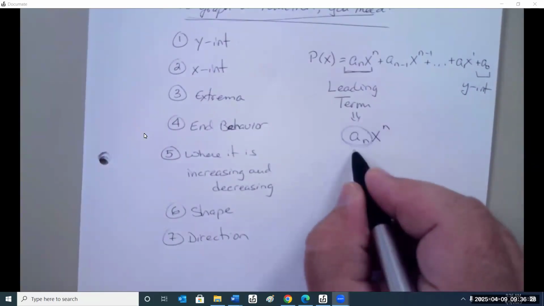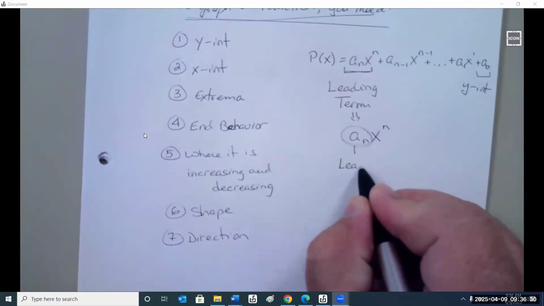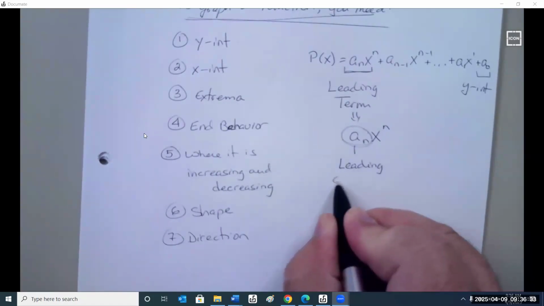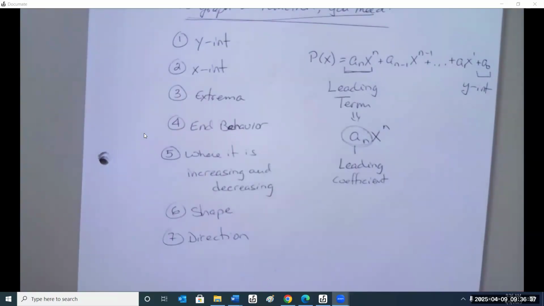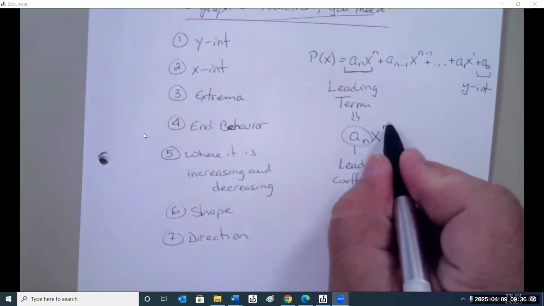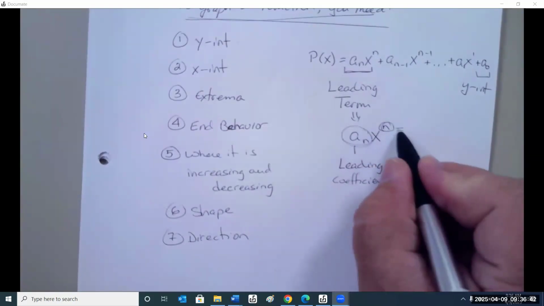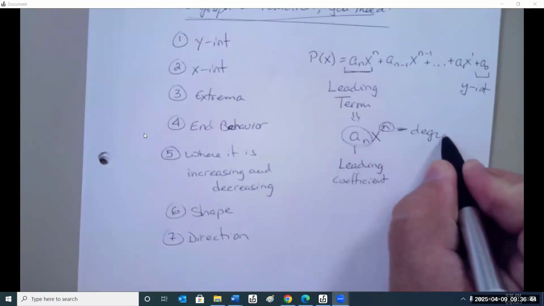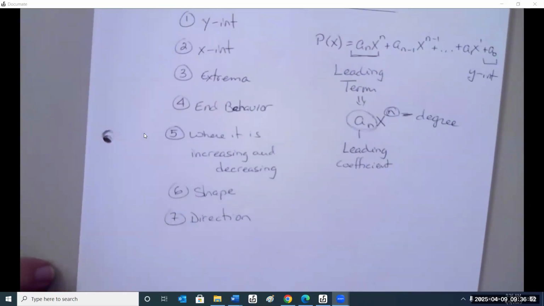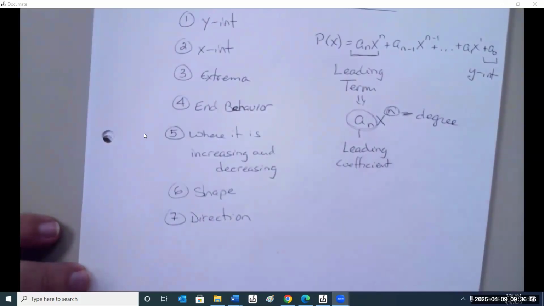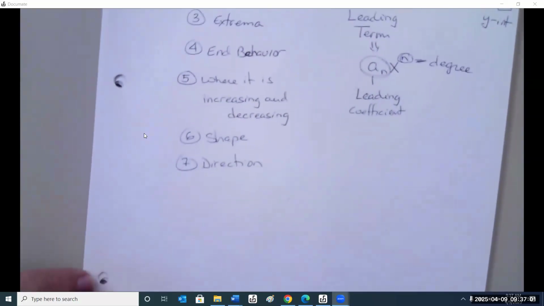The number in front is called the leading coefficient. The n is called the degree. Both of these will tell us what the graph is going to look like.